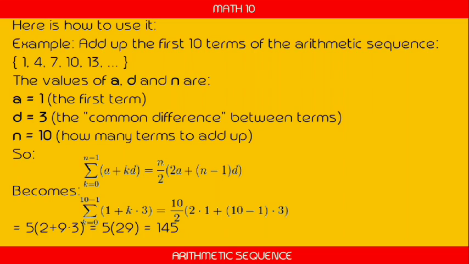It becomes 10, that is your n, minus 1, then sigma k equals 0, where A is your first term, A plus kD, and your D is 3, is equal to 10 over 2 times (2 times 1 plus (10 minus 1) times 3). So that will be 5 times (2 plus 9 times 3), which is 5 times 29, equal to 145.